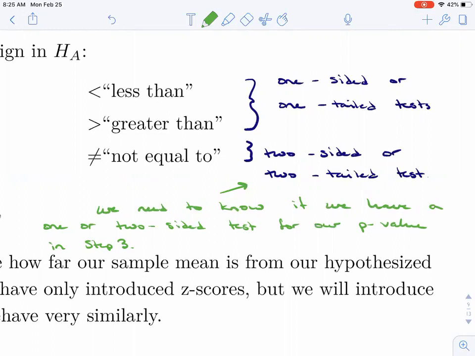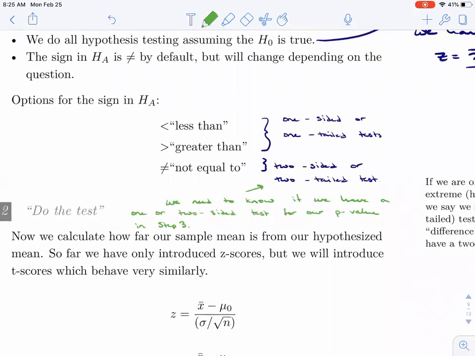So even though we're talking about the p-value, which remember is all the way down in step 3, here you have to look back to your first step, your alternative hypothesis, and say, okay, if I only care about one side, I have a one-sided test. If I care about two sides, I have a two-sided test. And it's okay, you'll forget it, but maybe some of you won't.